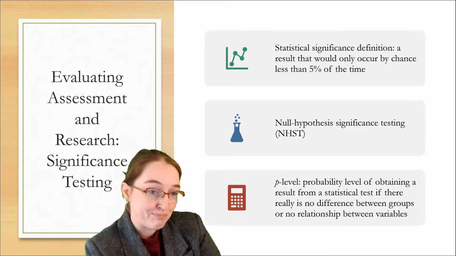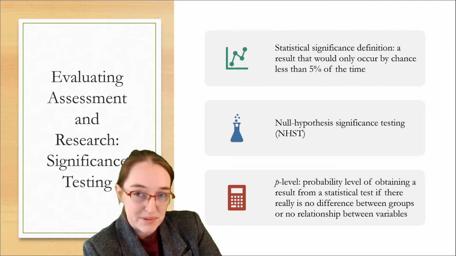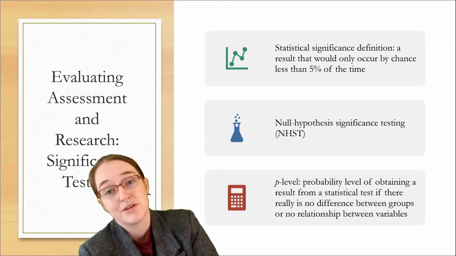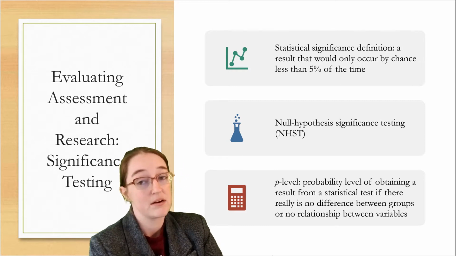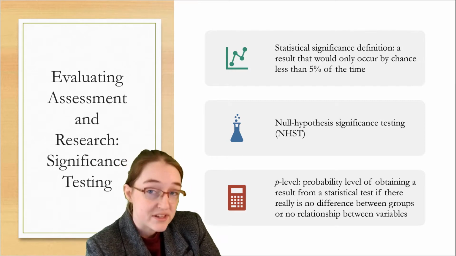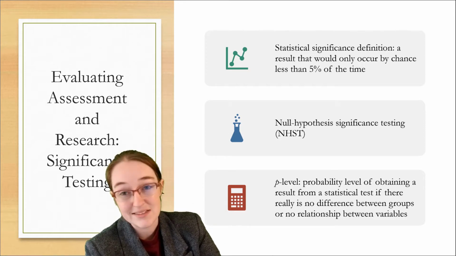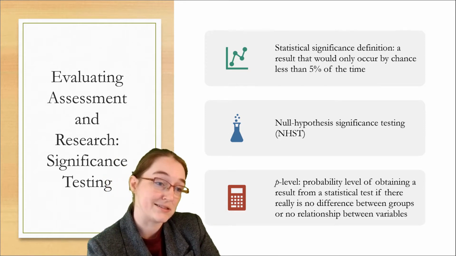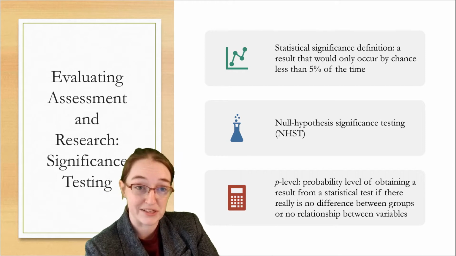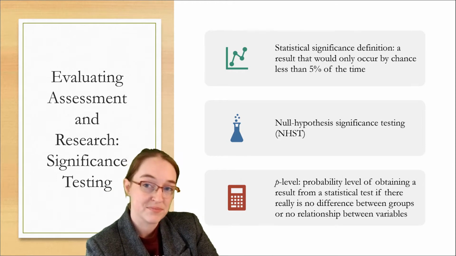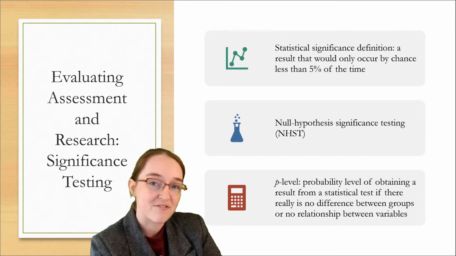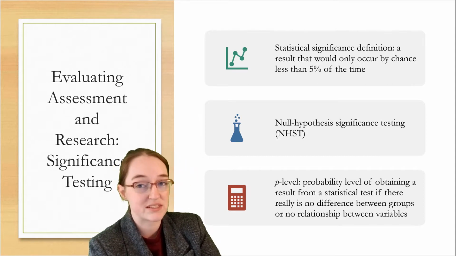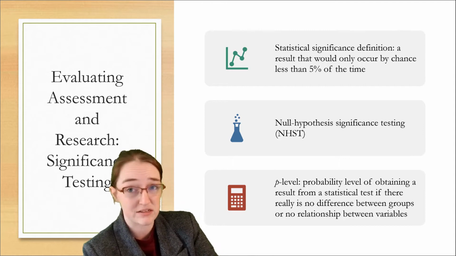And that's the basic idea. You want your result to be meaningful and not just random chance, but unusual things happen. So as a field, personality psychology and most of psychology has decided that 5% is the number we're comfortable with.